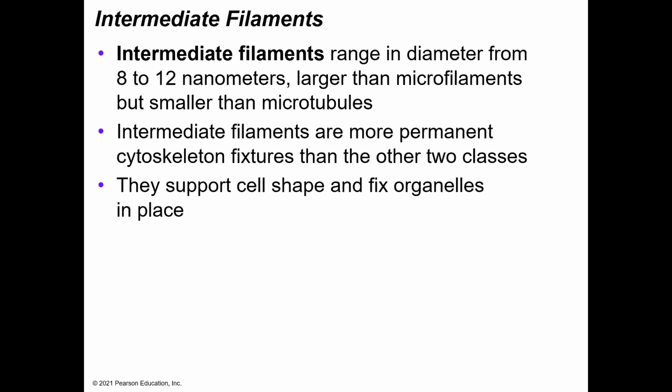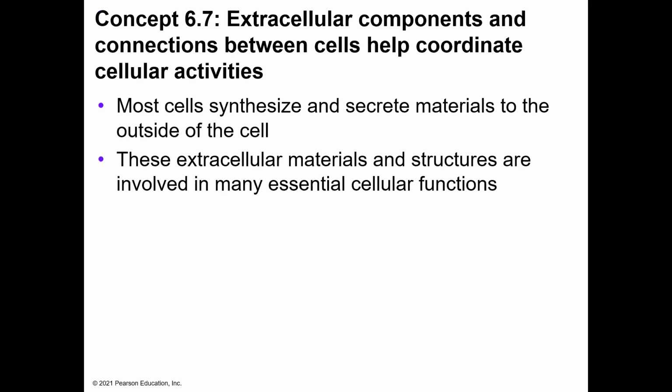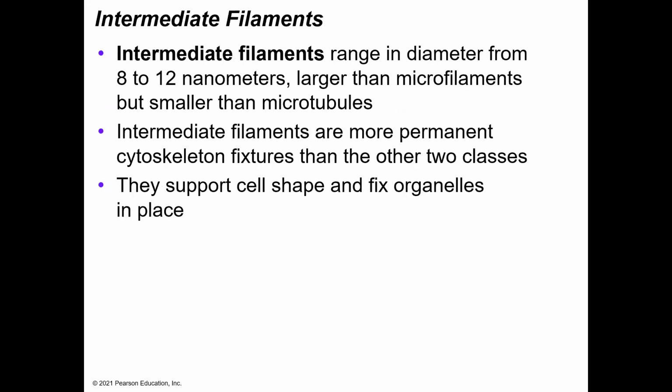They support the cell shape and they help hold organelles in place, but they're not as readily assembled as actin filaments, which can be assembled almost instantaneously, and microtubules, which can be built and broken down whenever they're needed. So intermediate filaments just have a more static role compared to the other two.